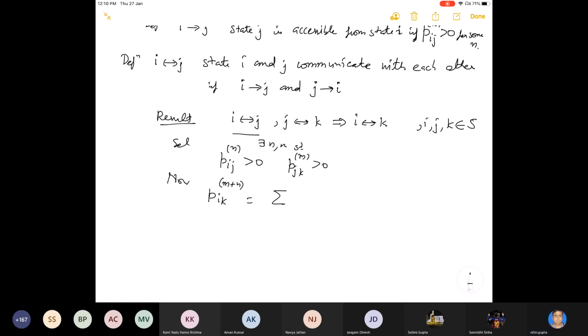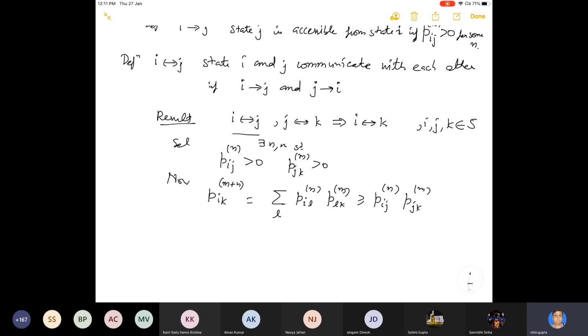From there, there exists some state l such that we can go from i to l in n steps and l to k in m steps. So therefore, this quantity is greater than or equal to p_ij^(n) p_jk^(m).